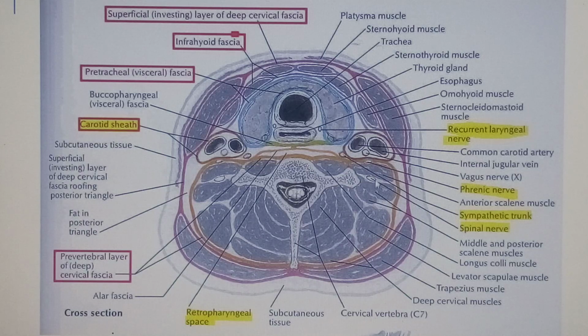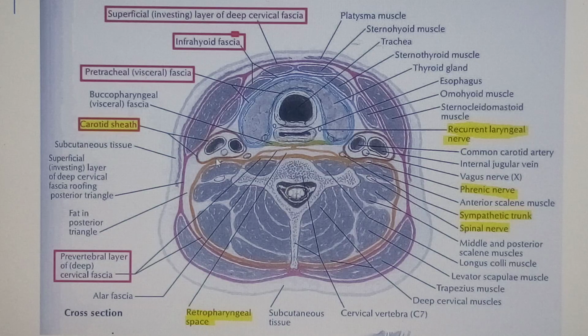But not only that, I have nerves that we find in between the scalenus anterior and scalenus medius. We have the brachial plexus over there, so as you can see, the spinal nerves. But my friends, the sympathetic chain finds itself at the posterior medial aspect of the carotid sheath.